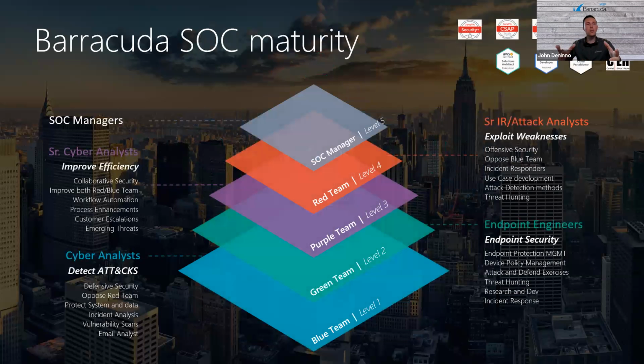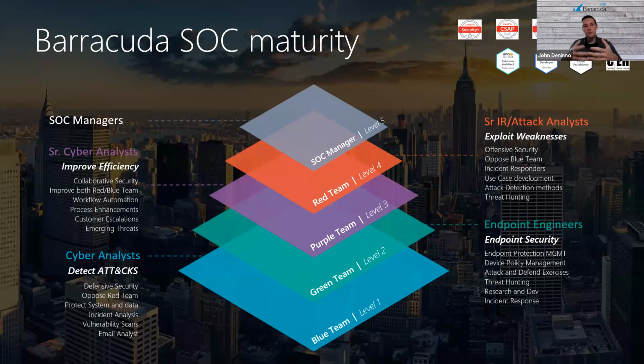Of course, all of this is backed by the 24/7, 365 Security Operations Center. So Barracuda XDR sets itself apart by offering one of the most mature SOC services in this space. The team is divided into 4 divisions: blue, green, purple, and red.